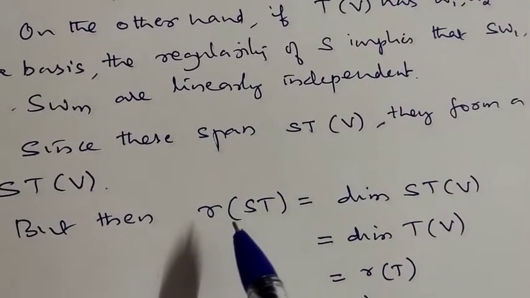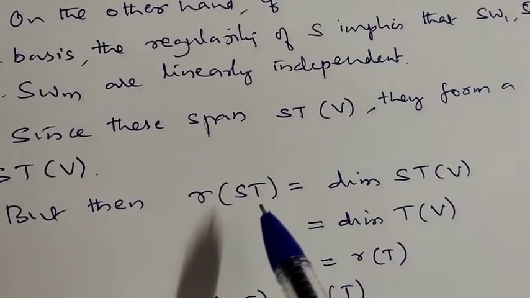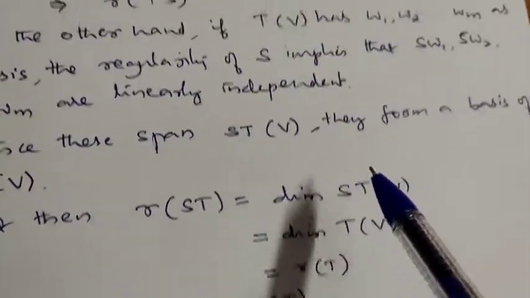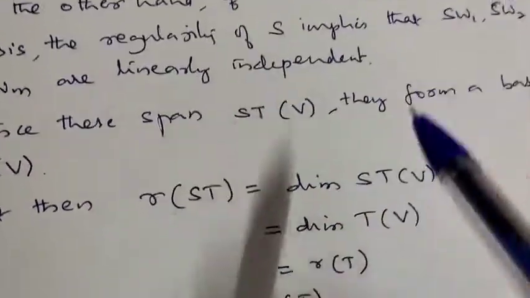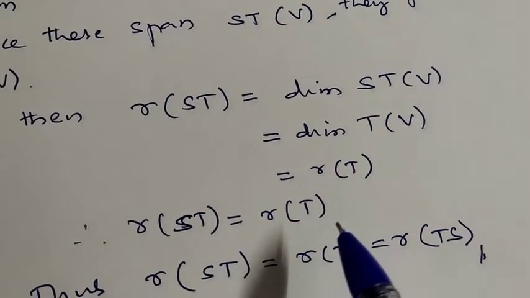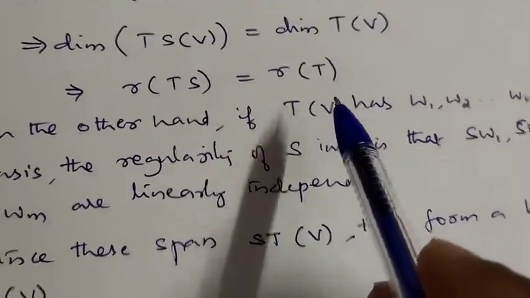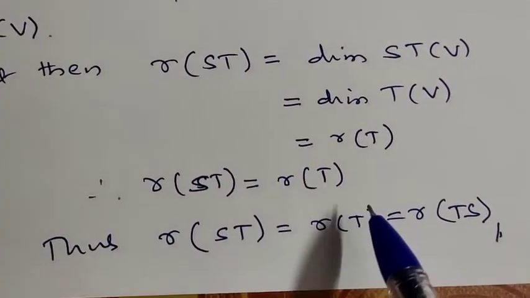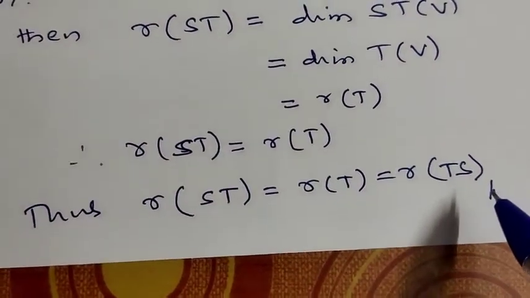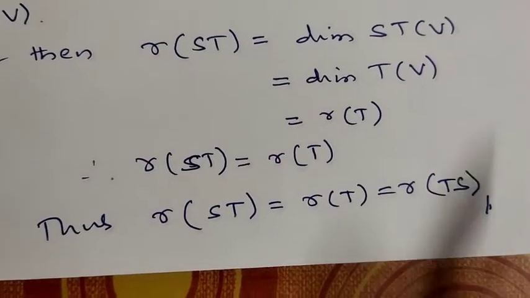The dimension of ST, that is rank of ST, is equal to dimension of S into T of V. So this is equal to dimension of T of V itself, which means rank of T. Therefore rank of ST is equal to rank of T. So already we have shown rank of TS is equal to rank of T. Now we have shown that rank of ST is also rank of T. Thus rank of ST is same as rank of T, that's equal to rank of T into S. So we have proved the three conditions related to the rank of a linear transformation.